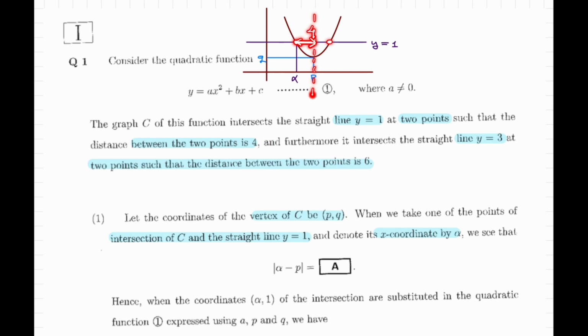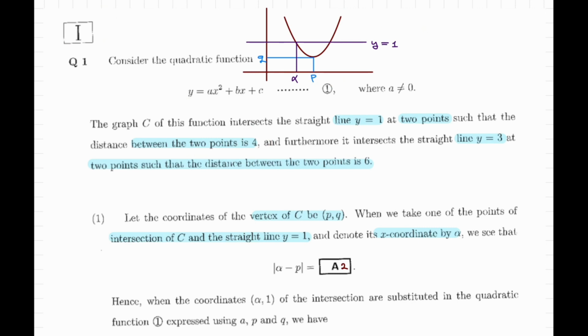Alpha minus P or P minus alpha, once again, it won't make any difference. So you can see on my illustration, the modulus of alpha minus P must be equal to 2, because the distance between these 2 points is equal to 4, and the vertex is always at the middle. So my answer for the modulus of alpha minus P is equal to 2.